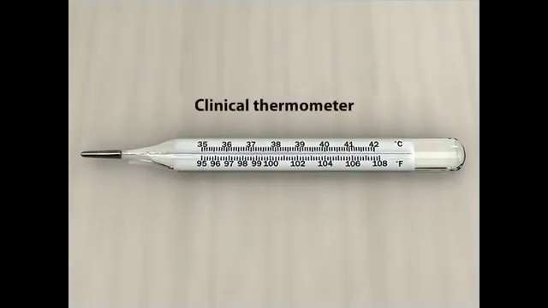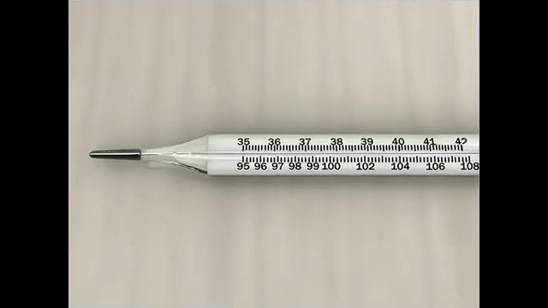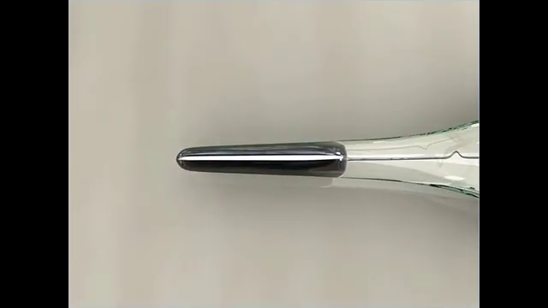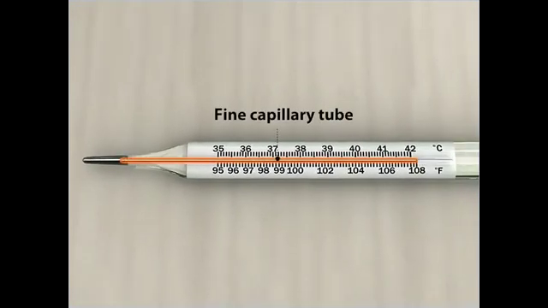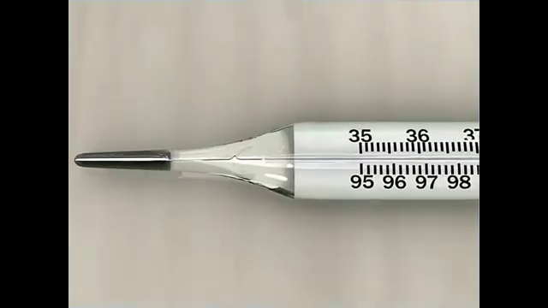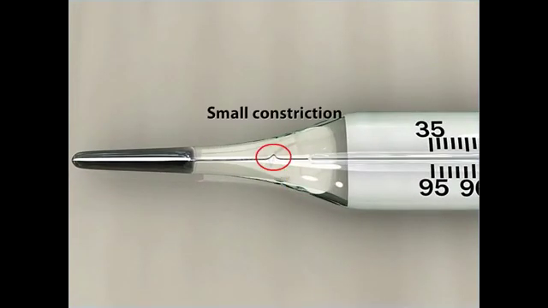A clinical thermometer is usually made of glass and consists of a mercury-filled bulb at one of its ends and a fine capillary tube that looks like a thread running from the bulb to its other end. There is a small constriction in the neck close to the bulb.